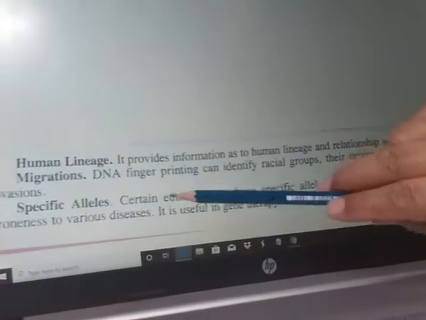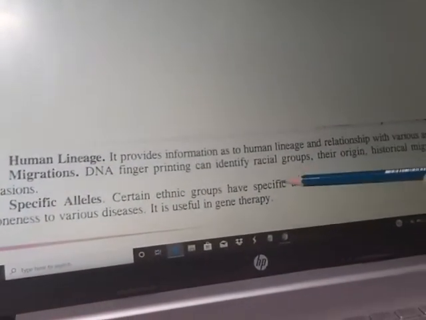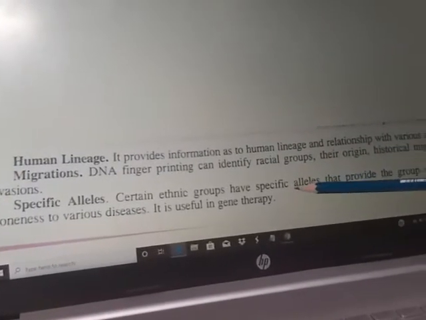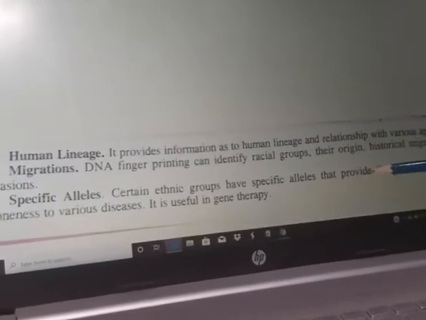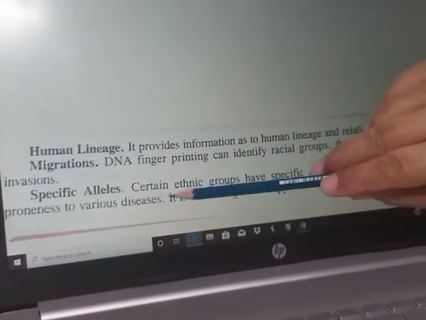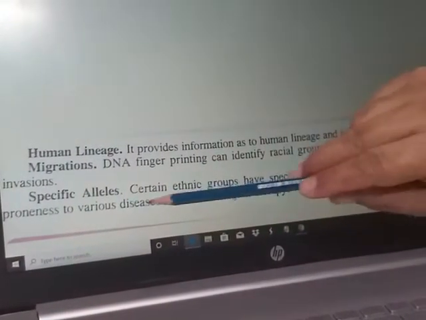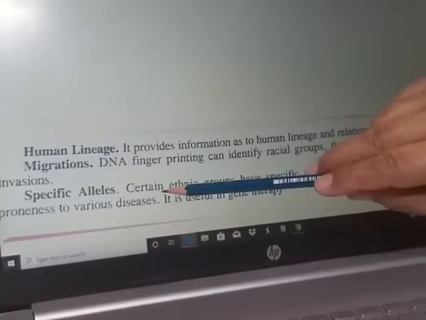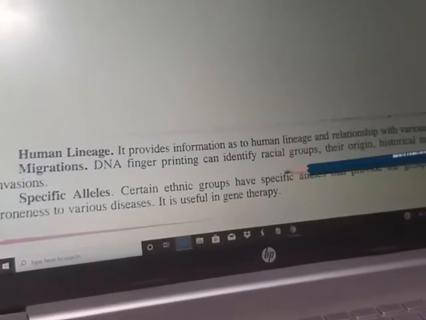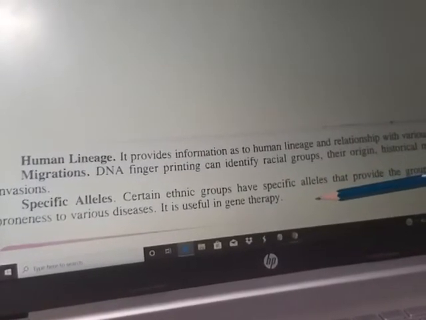I explain, certain ethnic groups have specific alleles, means there are certain genes or alleles which are very specific to a particular community and they provide group resistance or proneness to various diseases. Either they will be resistant to the disease or very much prone to some diseases. So it is useful in gene therapy also. So there are a large number of uses regarding DNA fingerprinting. Thank you.